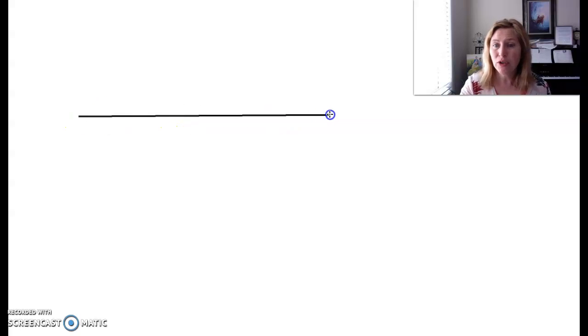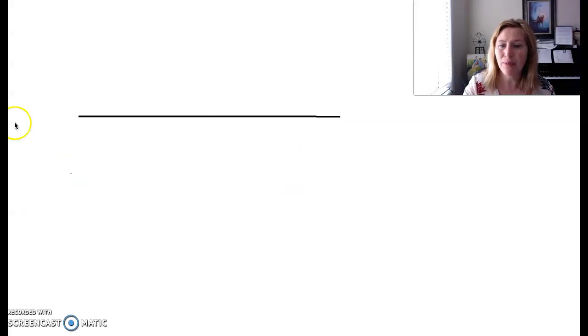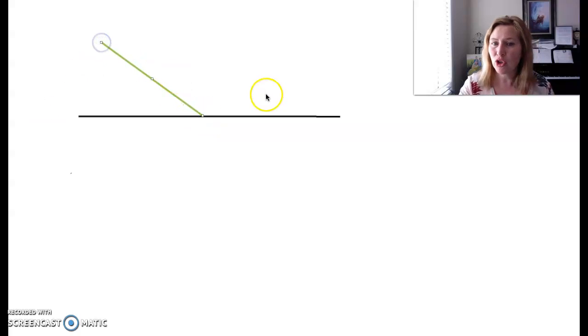So the first one that we talked about yesterday was something like this. We can make this a supplementary angle. That means two angles.